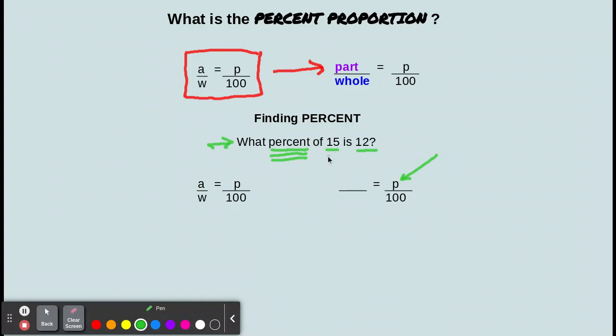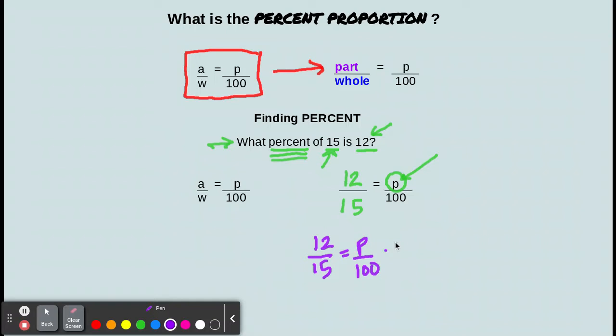They give us the whole, which is 15 right there, and they give us the part, which is 12. So we can fill out our percent proportion with the information they gave us to help us find the percent, right? To find P. So this looks just like an equation, 12 over 15 equals P over 100.